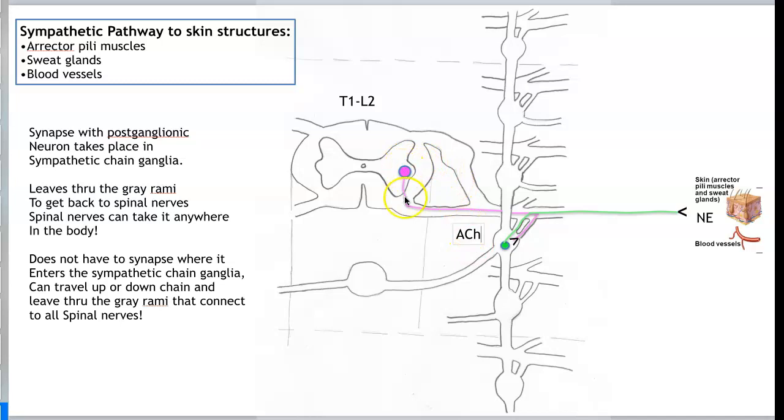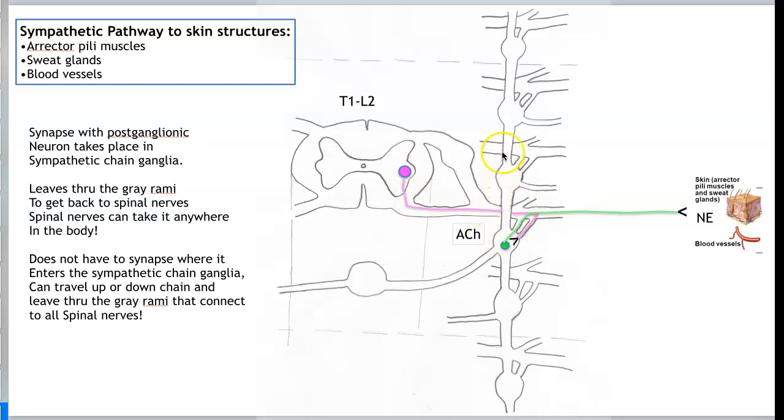But if we have this whole chain, what if you need to start sweating up in your neck? What are you going to do? You're going to get on the sympathetic chain. You're not going to synapse here.